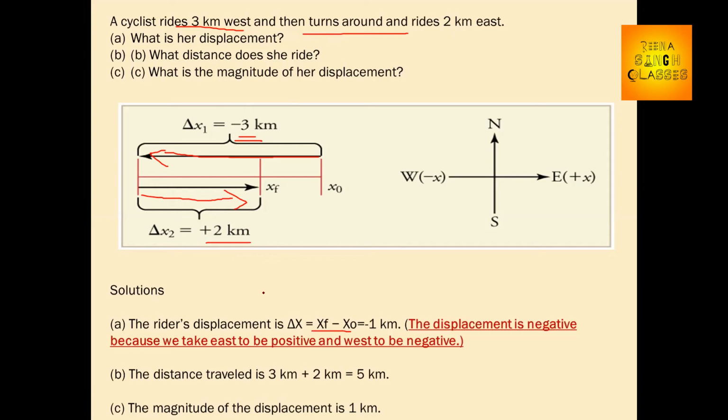So what is the final position? We will get plus 2 and then minus 3, we will get 1 kilometer. So the displacement is negative because we take east to be positive and west to be negative. And what is the distance traveled? 3 kilometer plus 2 kilometer, we will get 5 kilometer, and the magnitude of displacement is 1 kilometer.